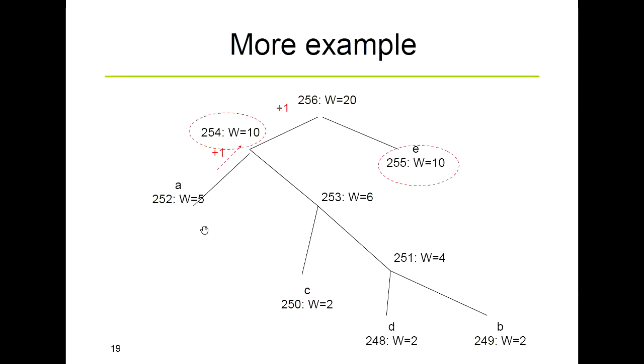Right, but the weight of E is 10, and the weight of that whole subtree is 10. If you add one more to that subtree, that doesn't move that subtree, does it? Because 2, 5, 4, that weight is the same as E. If you add one to any of these, that makes 11.